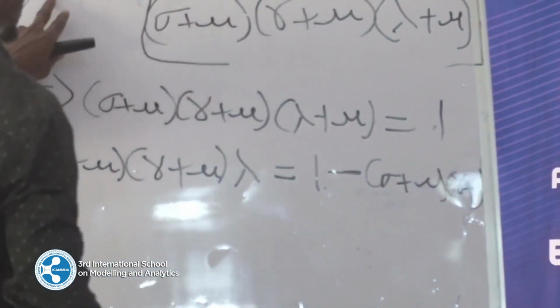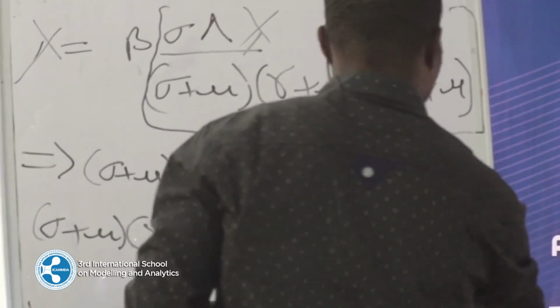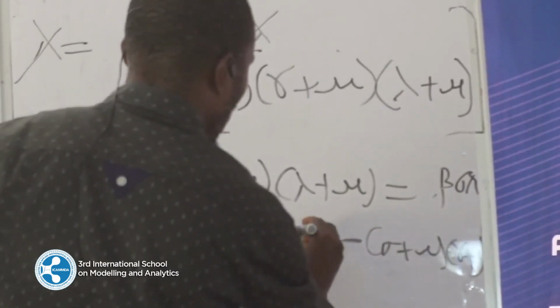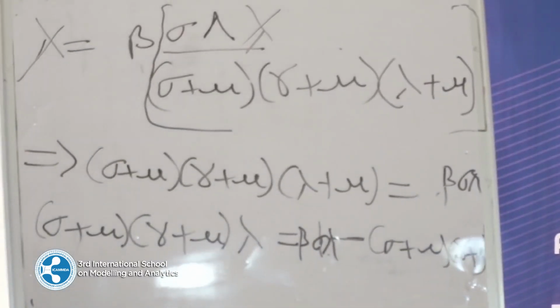This comes here, and this becomes beta sigma lambda. So I will have here beta sigma lambda minus this. Are we together?